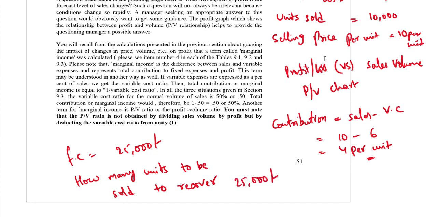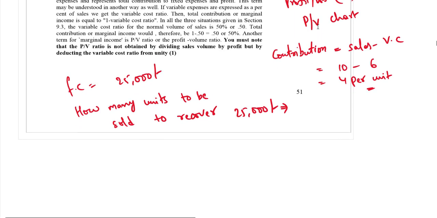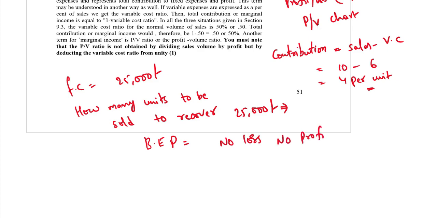That number of units is called the break-even point. Break-even point means a point where there is no loss, no profit. Total cost is equal to total revenue.